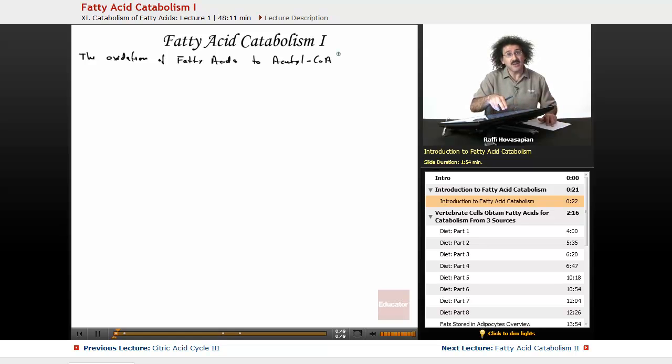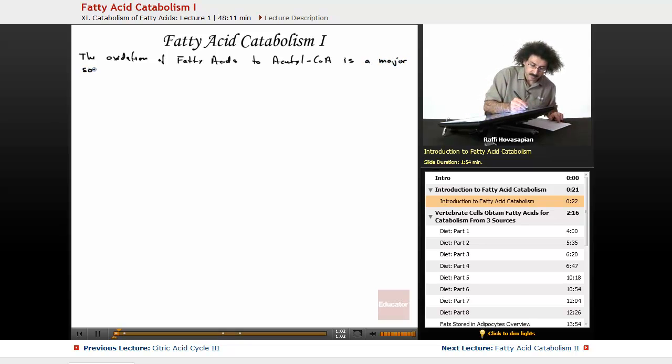So it's broken down into acetyl-CoA, and these acetyl-CoAs actually enter the citric acid cycle. So the oxidation of fatty acids to acetyl-CoA is a major source of energy for organisms. In fact, it's probably the major source.